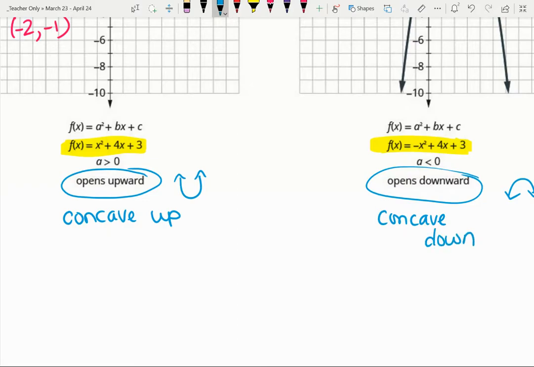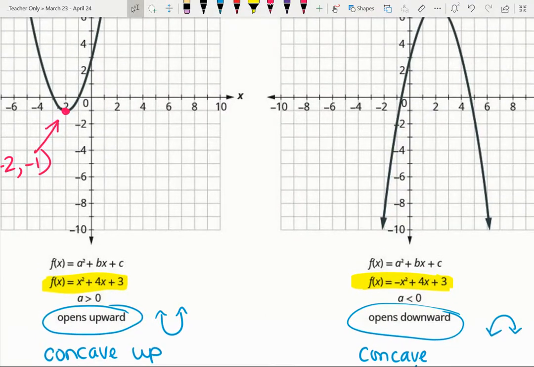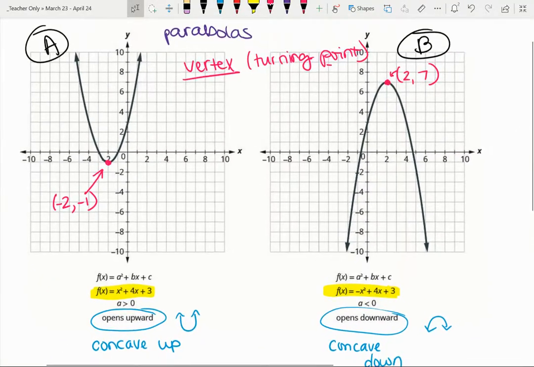When we're talking about whether something is concave up or concave down, really we mean what direction does it open? What direction do the ends of the graph go to? If it's concave up, the ends of our graphs go upwards forever. If it's concave down, the ends of the graph go downward forever.